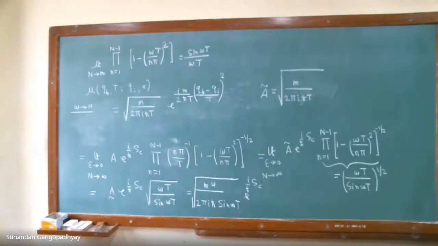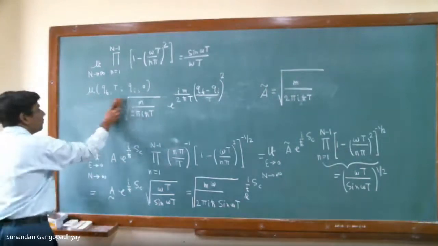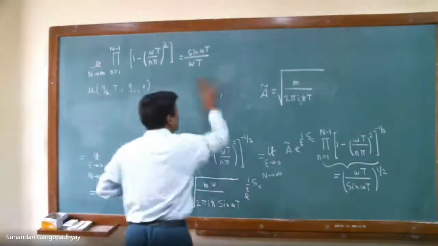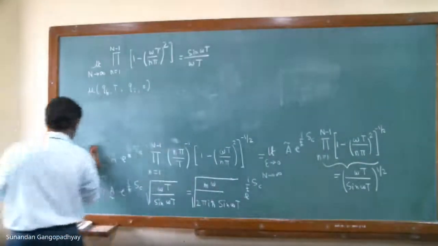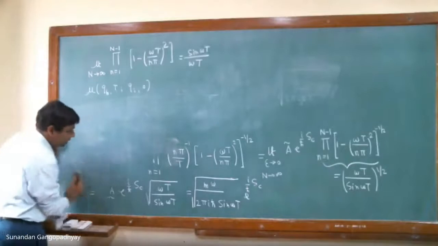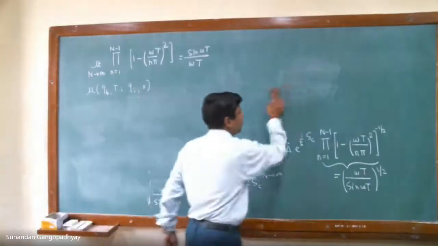So now what we shall do is, since we have already got the value of the propagator for the quantum harmonic oscillator, we shall try to find out the ground state energy and the ground state wave function from this propagator.